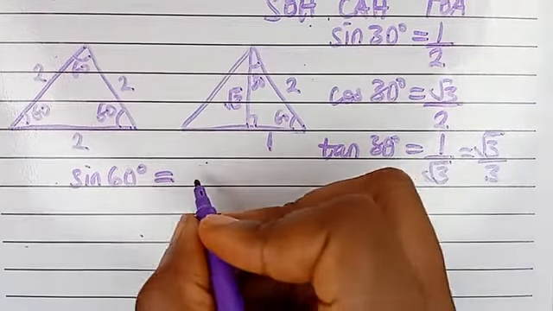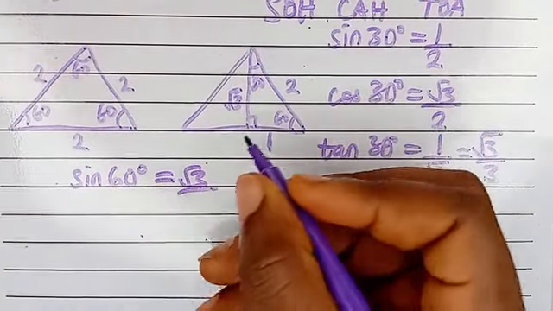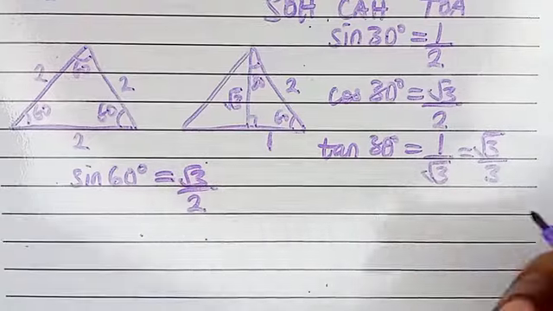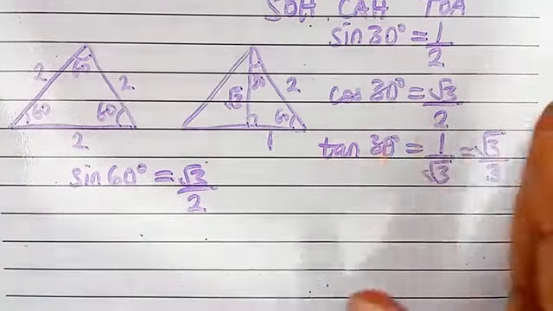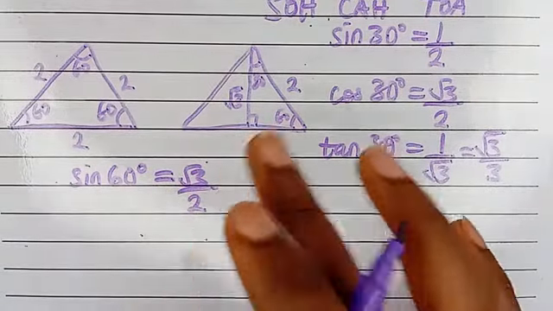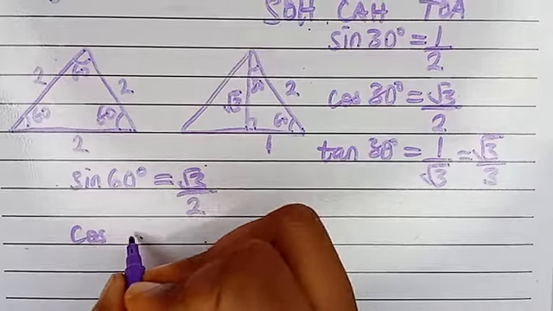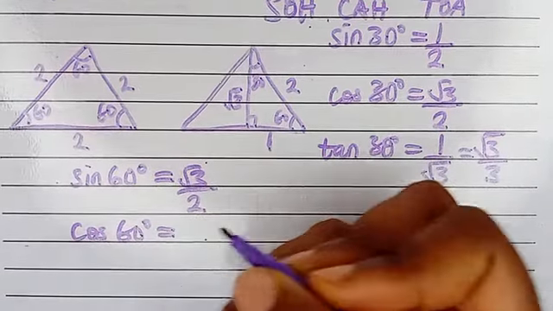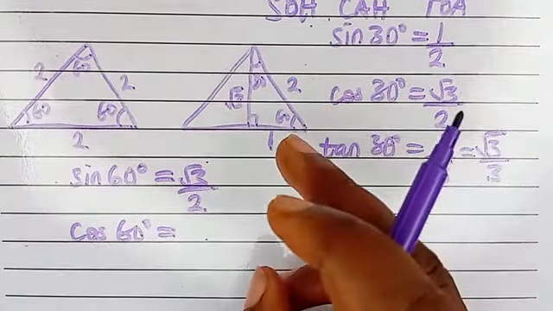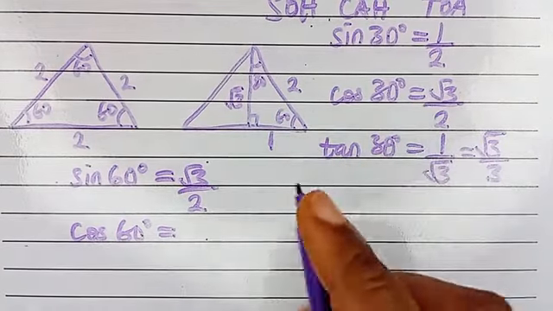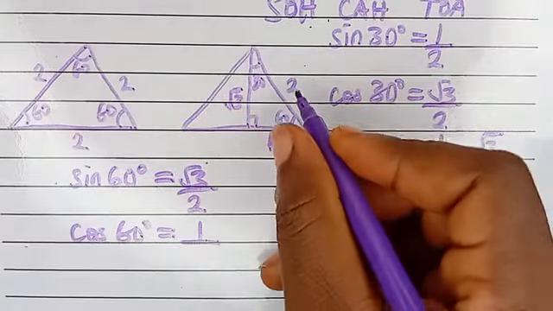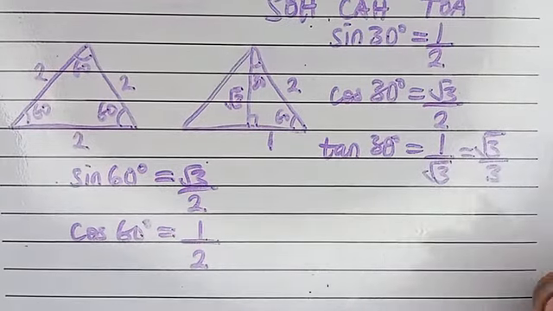Opposite of 60 degrees is root 3, and hypotenuse for this triangle is 2. For cosine 60, cos 60 degrees is equal to adjacent, which is 1, over the hypotenuse, which is 2.